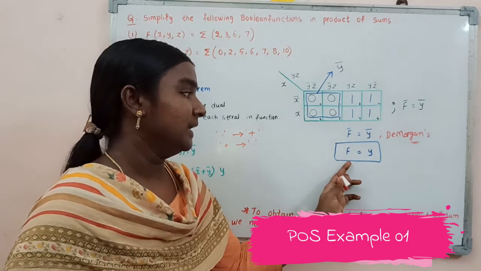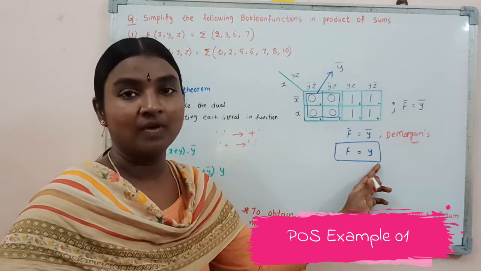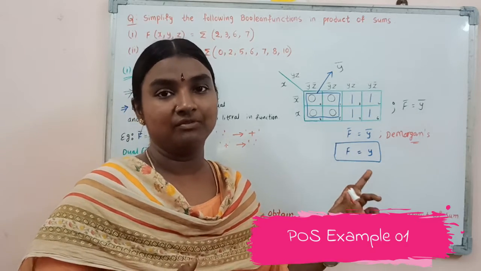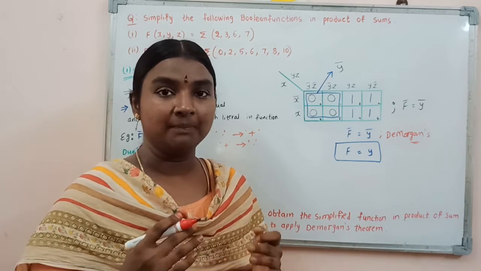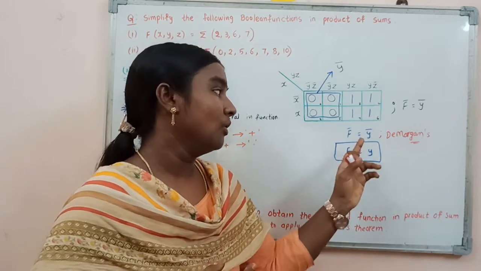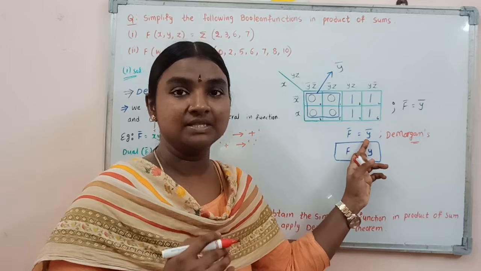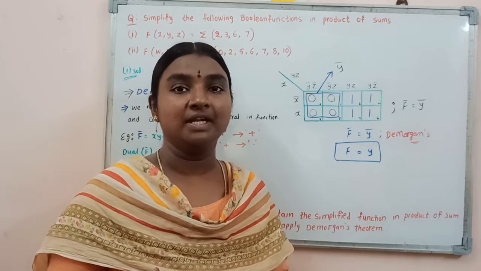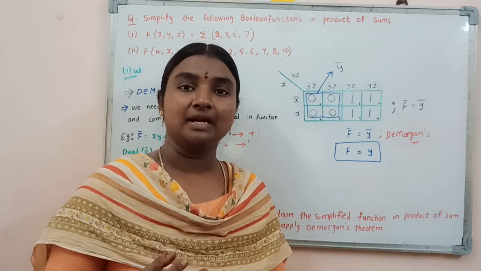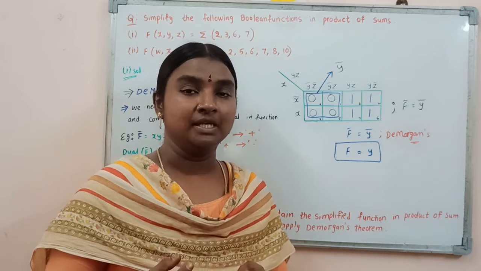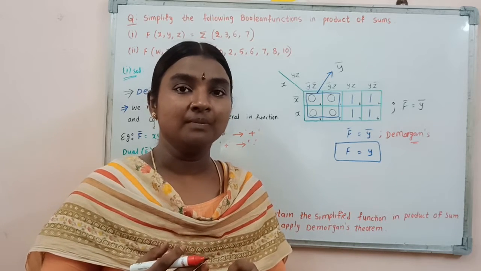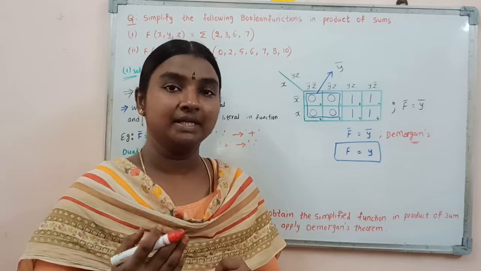we can find that f will be equal to y, because in the f complement function there is no product term or sum term. Only one literal we have, that is y complement. So after finding the dual also we have only y complement. Next, after finding the dual we need to complement each literal.